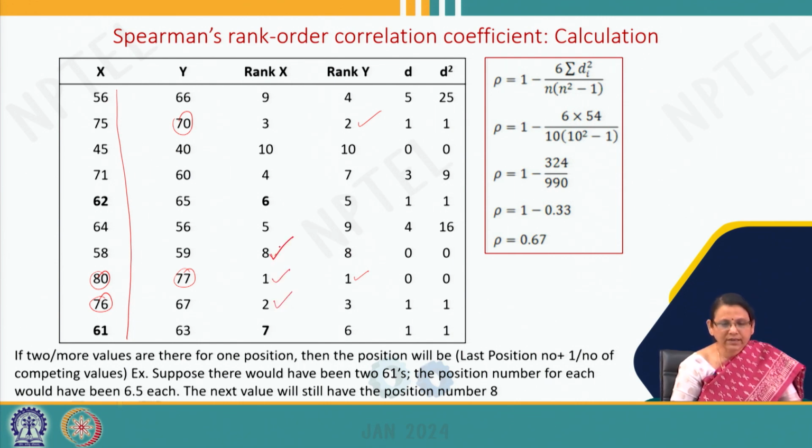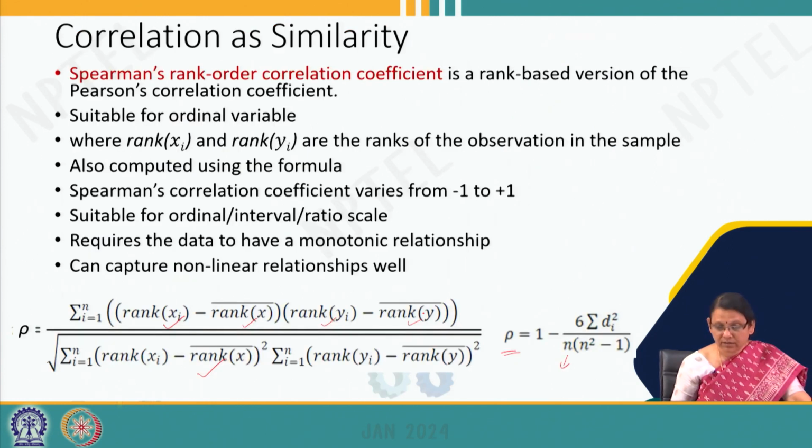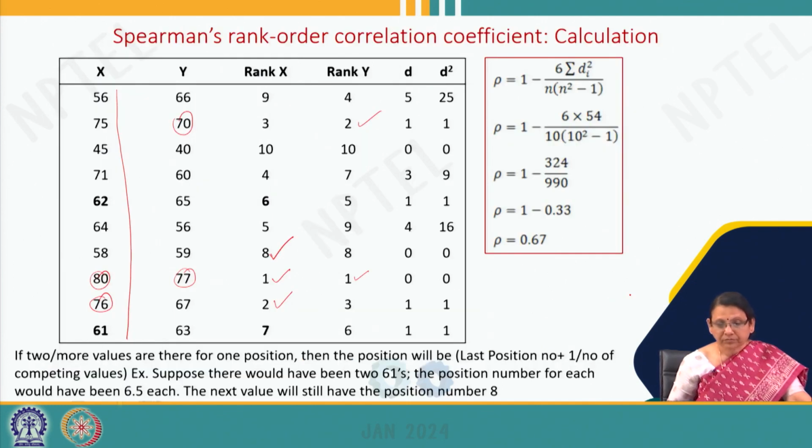So once you decide these ranks, you have to find the difference in the ranks. Sorry, I told you that D is the difference between the ranks. In the last lecture I said that D is the rank, no, D is the difference between the ranks.